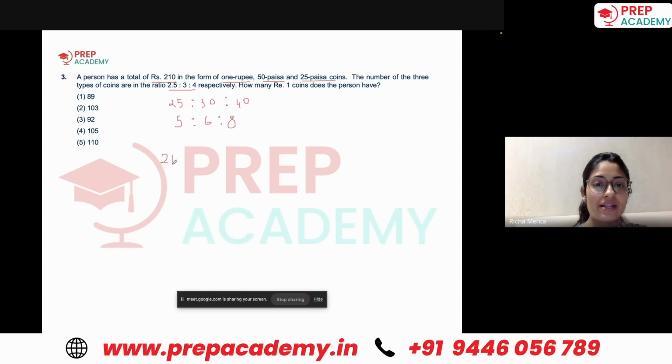So I can write this entire equation as my 210 rupees is formed by 5x coins of 1 rupee plus 6x coins of 50 paisa plus 8x coins of 25 paisa. I'm dividing by 2 and 4 because those numbers are in terms of paisa and my equation is in terms of rupees.